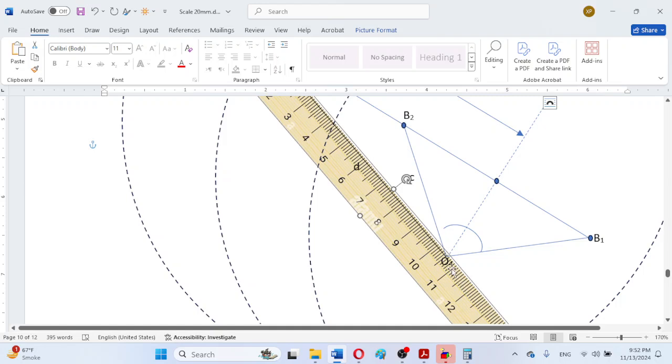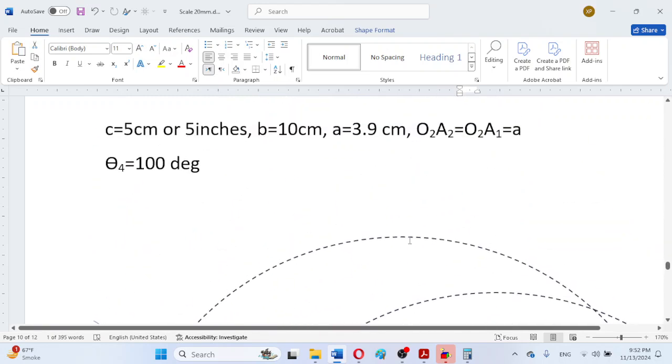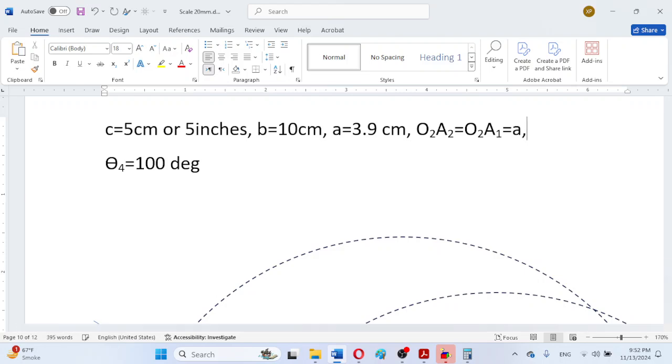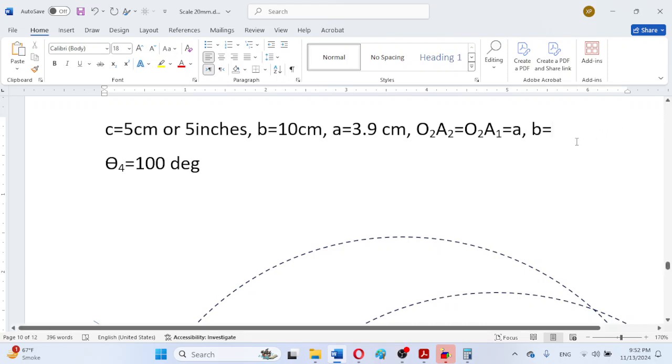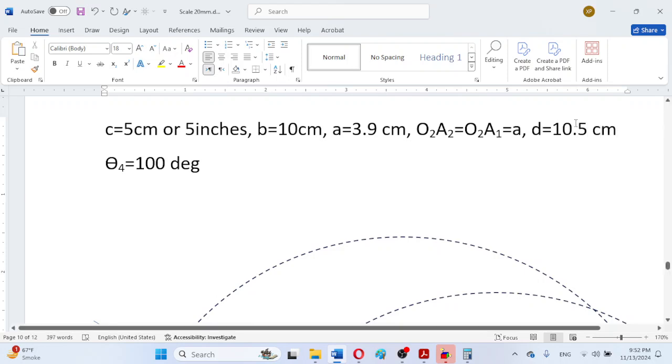So as we can observe here, move this label O4 a bit aside. So it is 10.5 centimeter. So here mention that this is D, D is equal to 10.5 centimeter.